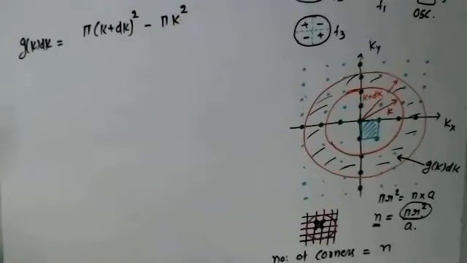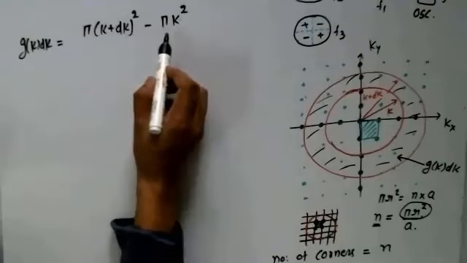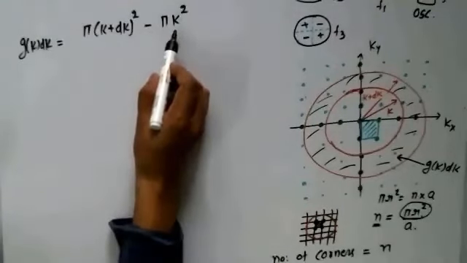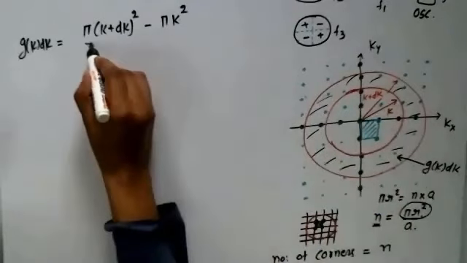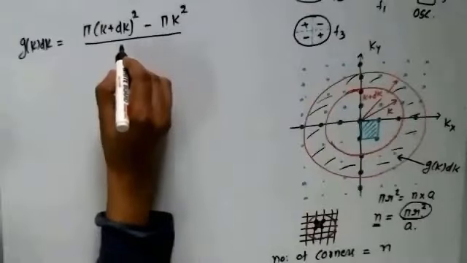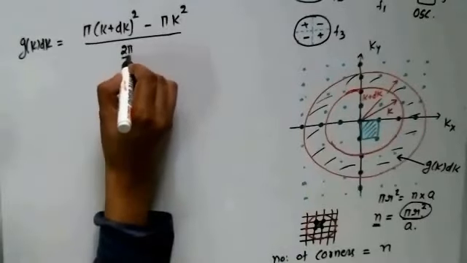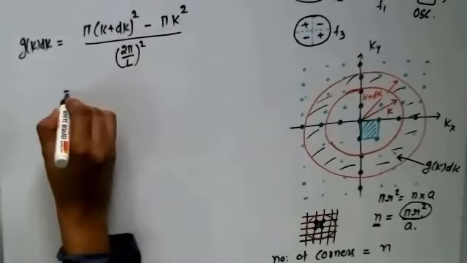Sorry, circle. So area of the bigger circle minus area of the smaller circle, that is the area of the annular region, divided by area of the square. Can you tell me what is the area of the square? (2 pi by L) whole square.